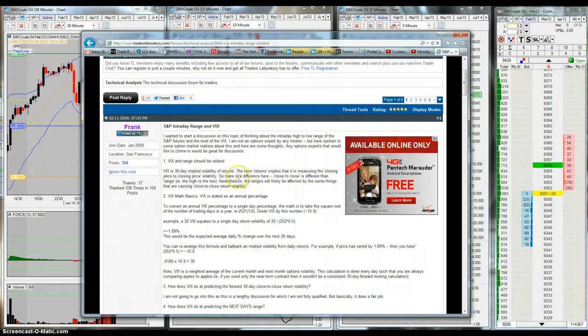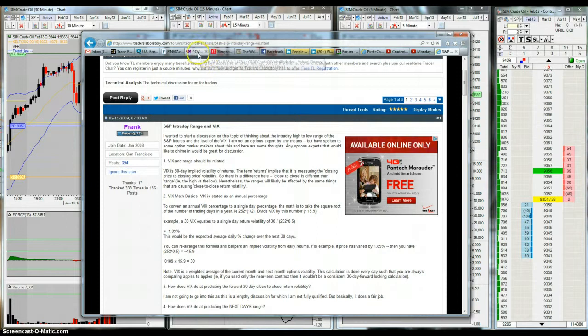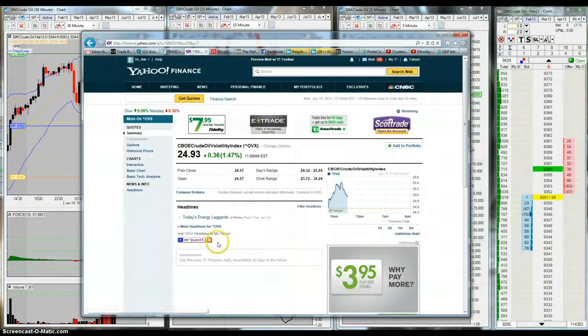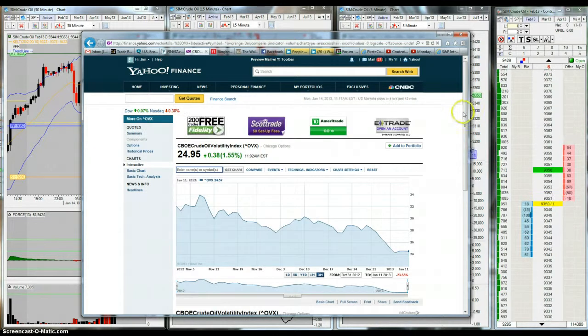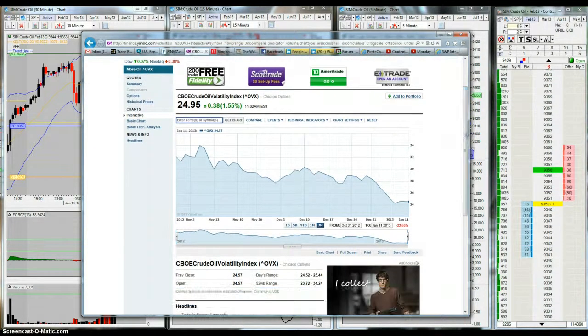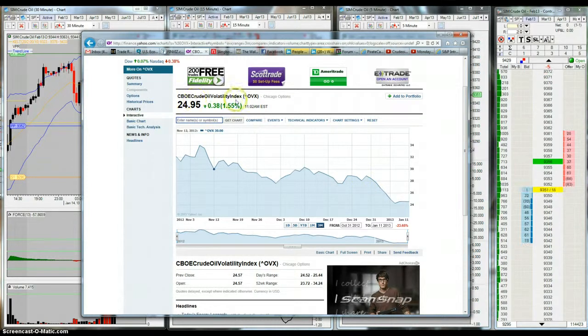What you do is it's based off, this says S&P, but you can use it on any VIX market, any volatility index. For those of you that don't know, the VIX is basically a measure of the volatility in that particular market. The volatility in crude right now is very low.